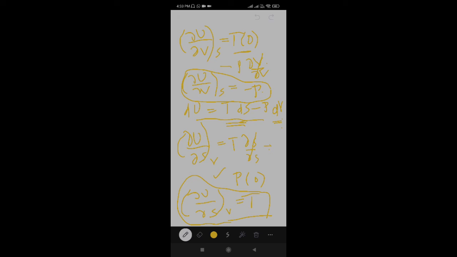Now I am writing these last two equations together.